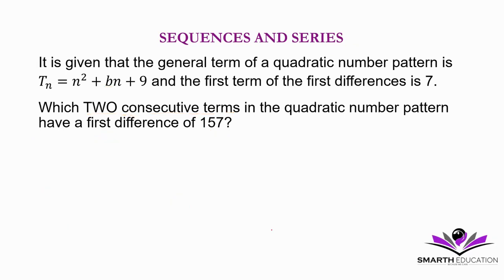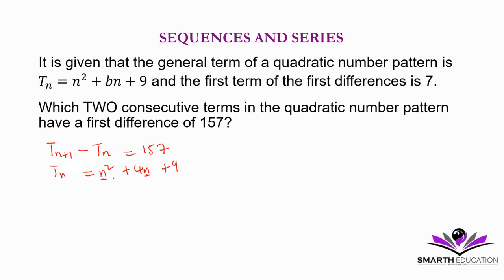The other way you could have done this, you may say that Tn plus 1 minus Tn is equal to 157. And then remember that Tn is equal to n squared plus 4n plus 9. So we substitute for Tn plus 1, where there's n, we put n plus 1. And then for Tn, it remains as it is.